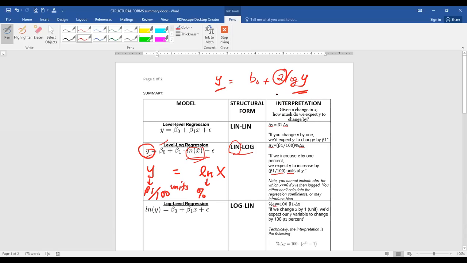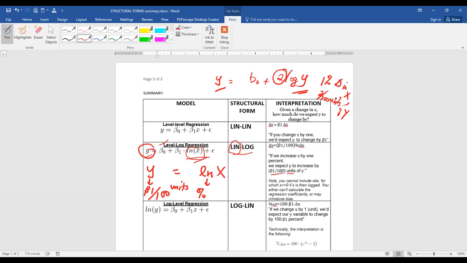So ang pagkabasa natin dito, for every 1% change in X, there's a corresponding 2 over 100 units of Y. Okay? Any questions, guys?